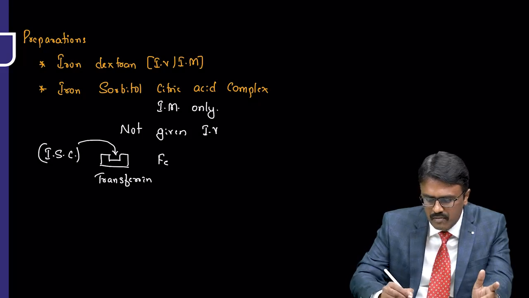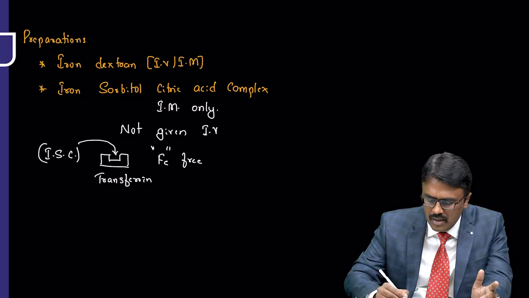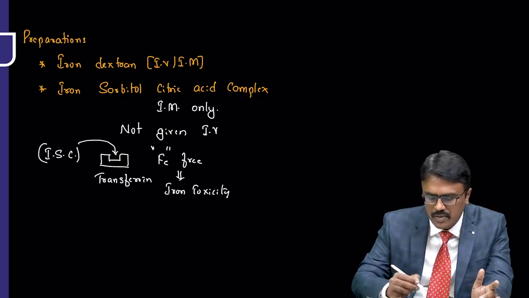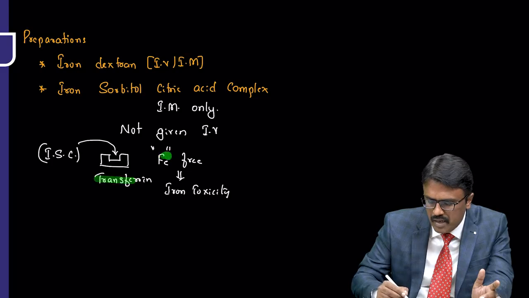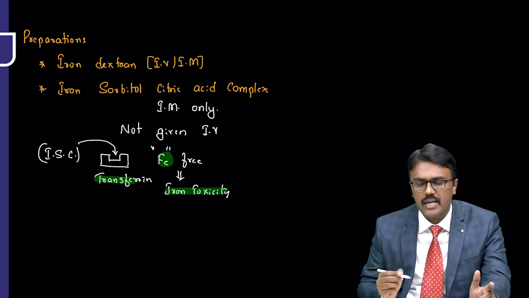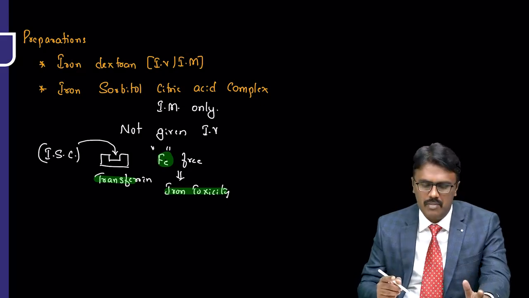So iron will be in the free form and that will lead to iron toxicity. So this will displace the iron from transferrin sites and the free form of the iron increases, leading to iron toxicity. So never give iron sorbitol citric acid complex by the IV route. But dextran doesn't have that problem.